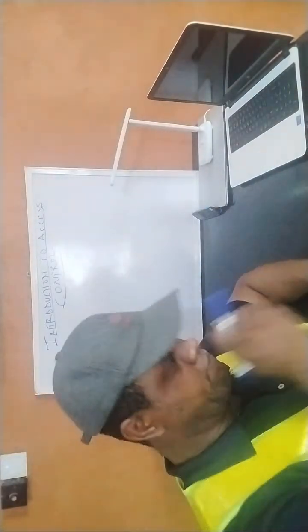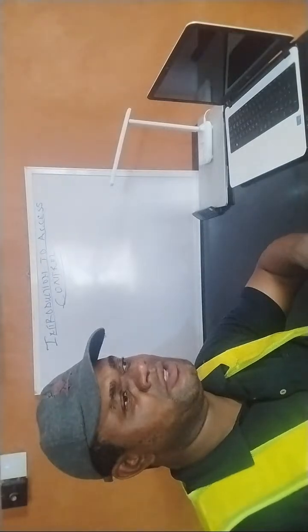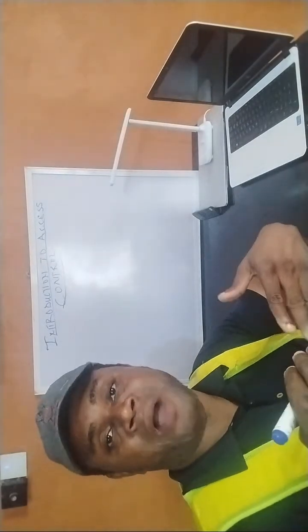Okay. We want to talk about access control. When you say access control, these are systems you use to take control of the ability for somebody to access a particular place.